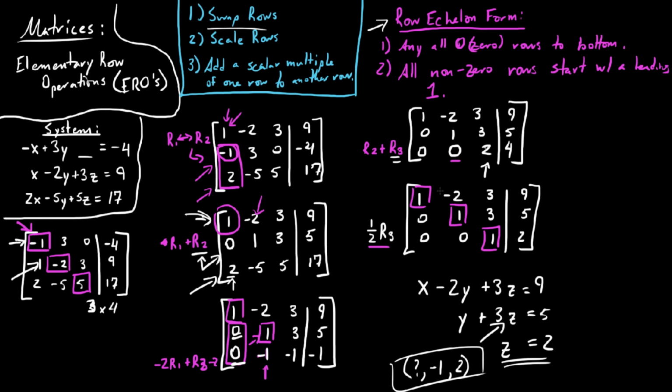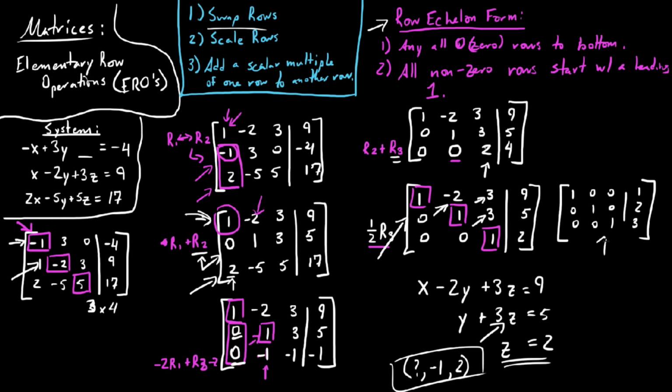A quick side note is this: once we made a 1 on our main diagonal, we tried to make everything below it a 0. But what if we tried also to make everything above these 1s into 0? If we were to do so, what you get is what we call reduced row echelon form, and that is anytime you end up with a situation like this, like say 1 0 0, 0 1 0, 0 0 1, and then you had augmented 1, 2, 3.